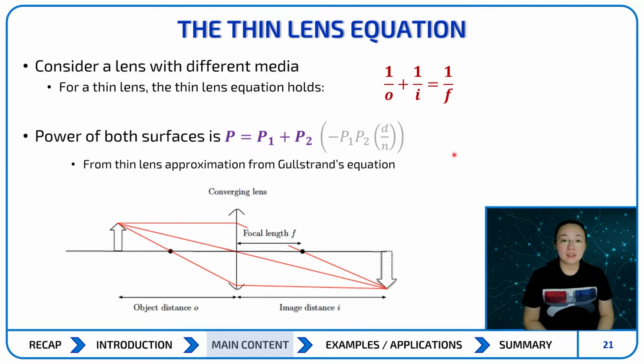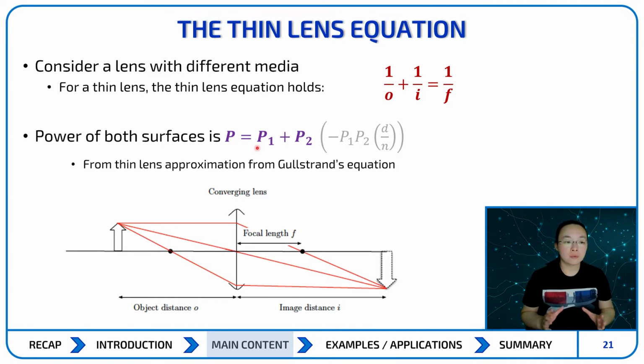Now, the next thing to understand is power itself. There is a thin lens approximation from Gullstrand's equation, which I've dimmed out in gray, because the thin lens approximation assumes that this term is insignificant, or close to 1. So when we take a look at different thin lenses that are stacked next to each other, the power of each of those surfaces can just be added together and summed up.